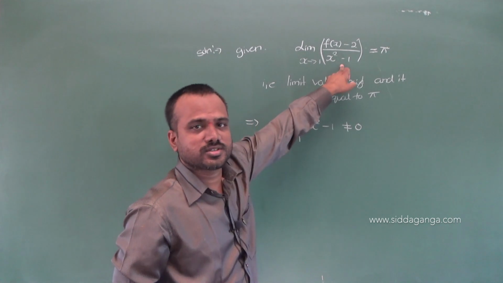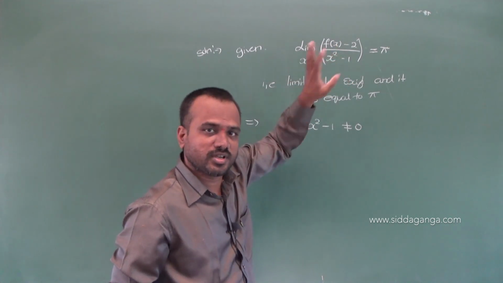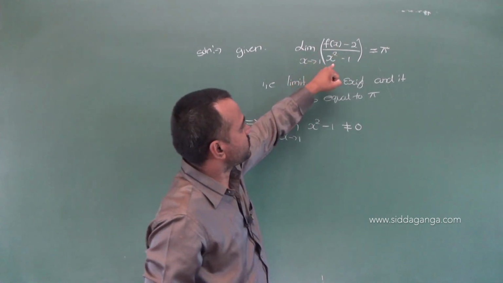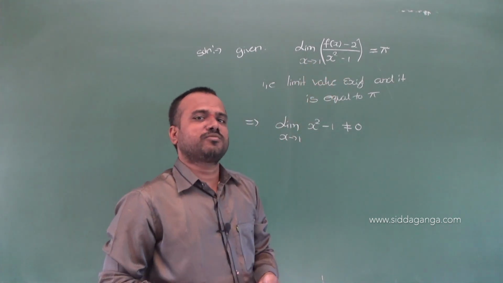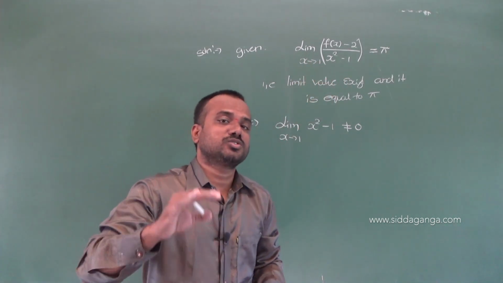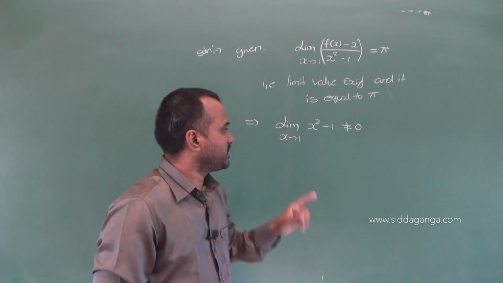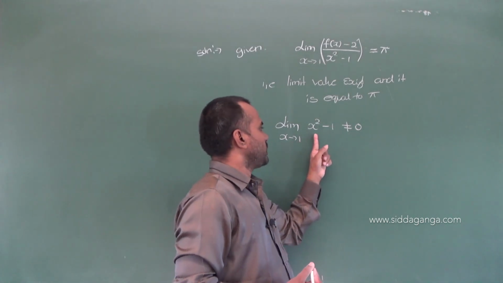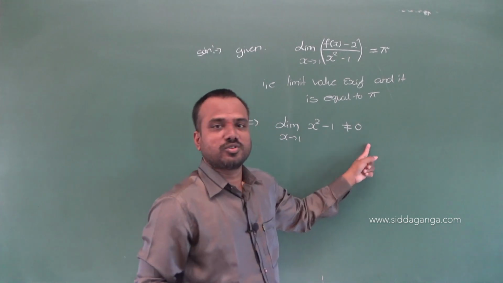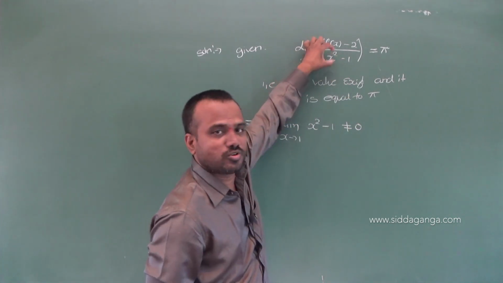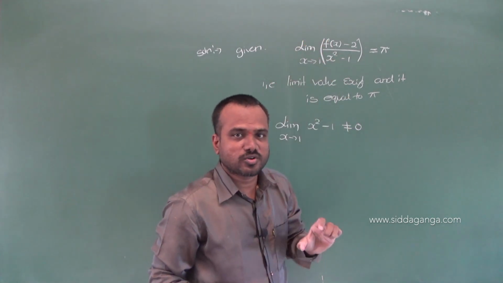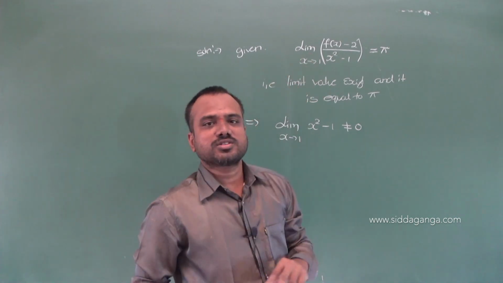Denominator 0 means anything by 0 is infinity, and that means the limit value does not exist. Correct? That's why as x tends to 1, x square minus 1 is not equal to 0, because if this is equal to 0, the limit value does not exist.